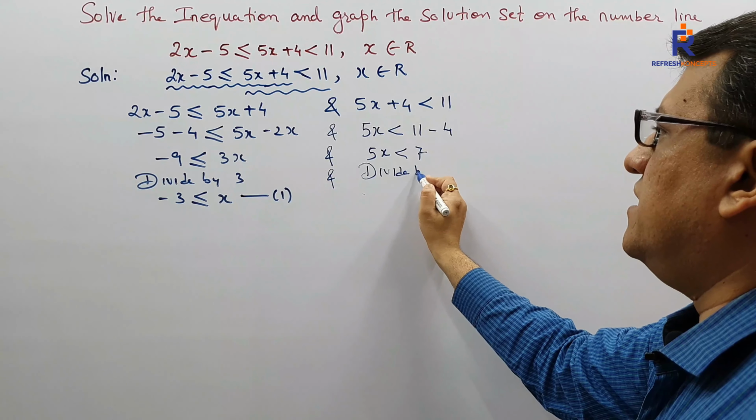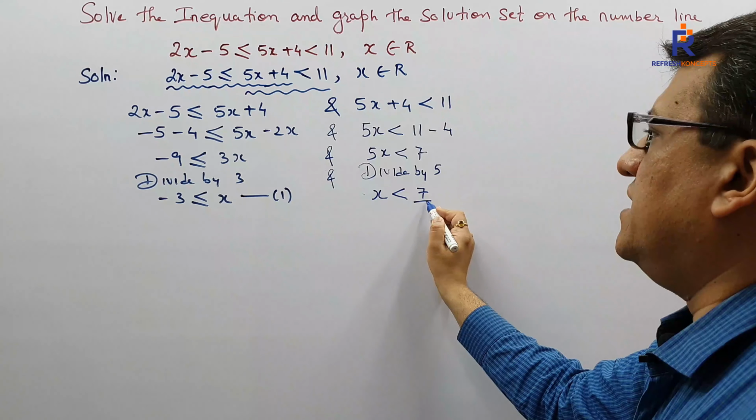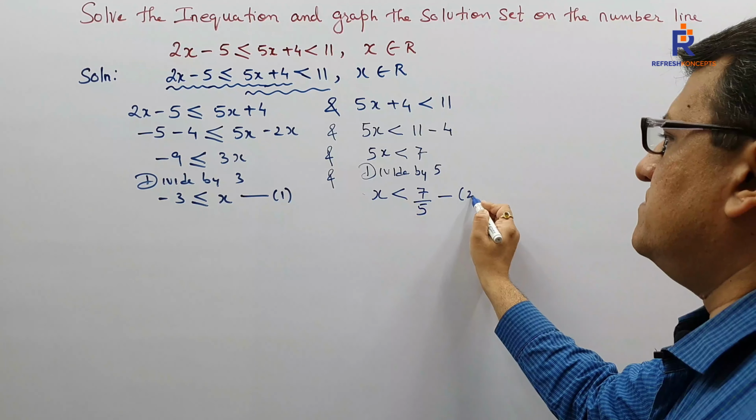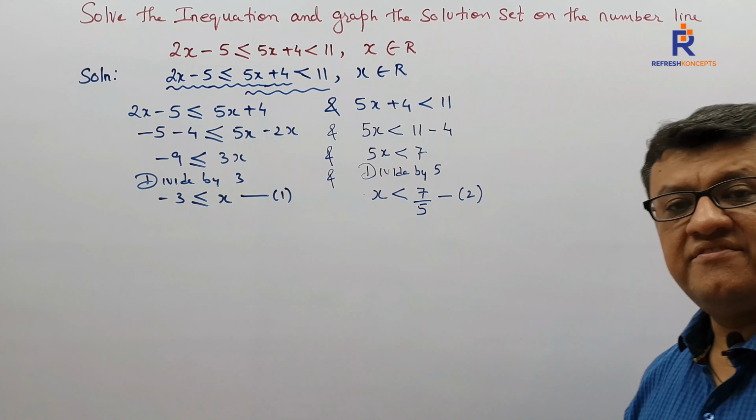Divide by 5: x is less than 7 by 5. Equation number 2.